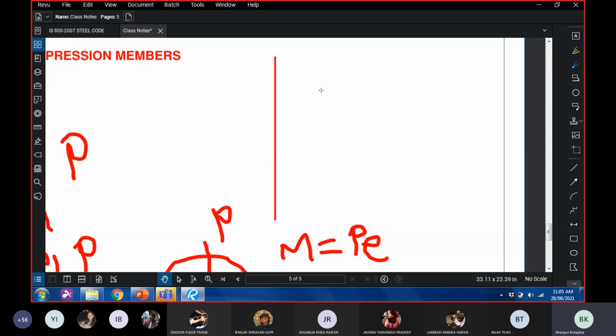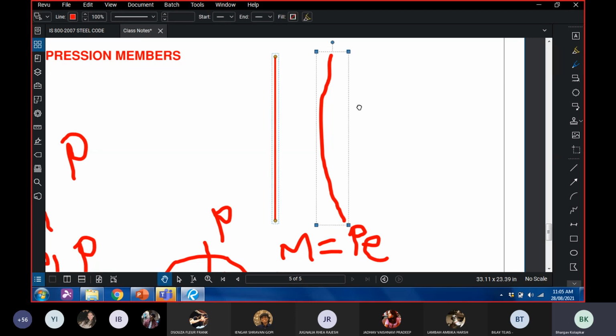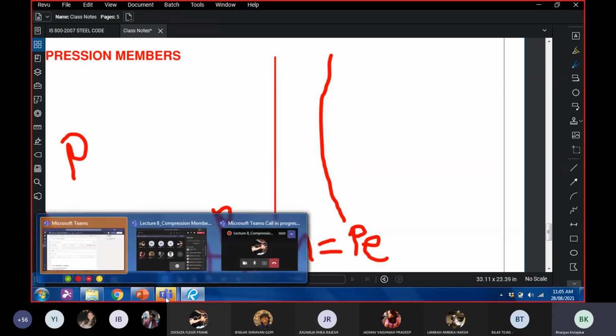But there are always going to be some imperfections, some inherent crookedness that the column might have. Now, I'm exaggerating this, but I just want you to get a feel of it. This is what the vendor might promise, but this is what you might actually get: a slightly crooked column. Now, this is an exaggeration. Okay, don't take it in this scale.